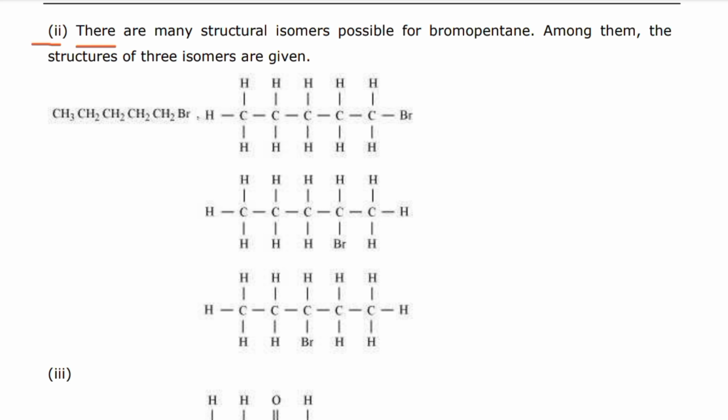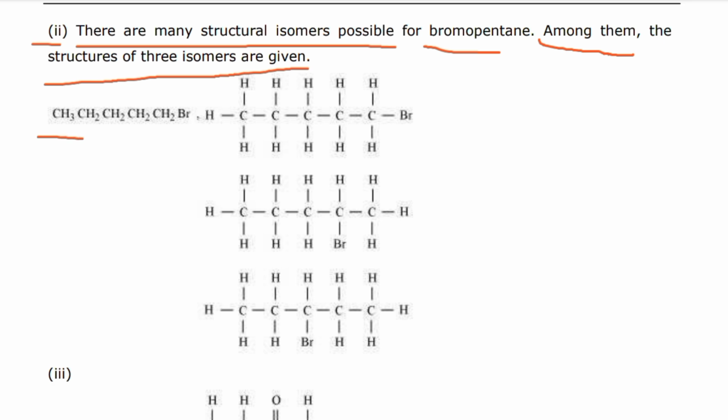Second, there are many structural isomers possible for bromopentane. Among them, the structures of three isomers are given: CH3, CH2, CH2, CH2, CH2Br.